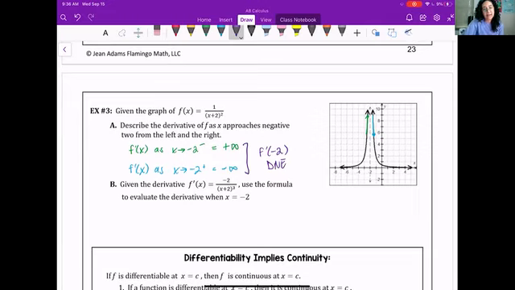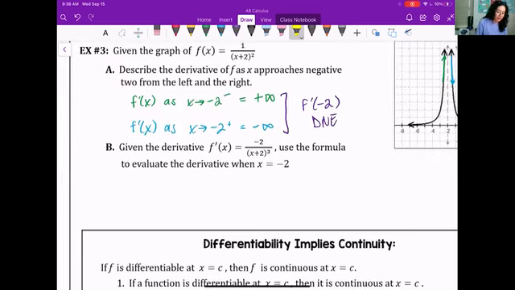Okay, we can prove that again right here on part B. This time they gave me the function of the derivative, f prime of x is negative 2 over x plus 2 cubed. Okay, there might be a question like this on Friday's quiz as well, where I give you the actual function of the derivative and I say, what is the derivative at x equals whatever?